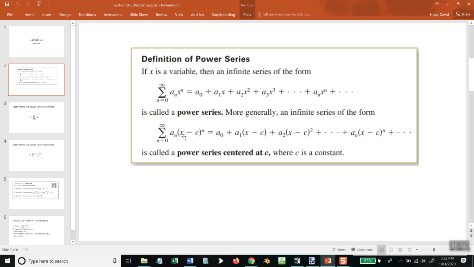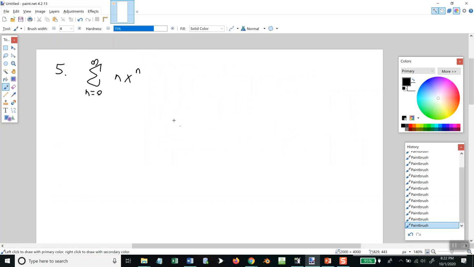So we want to rewrite the x as x minus a number, put in there such that I don't change its value. 0, because x minus 0 is x, and x to the nth power is the x to the nth power. So this is centered at 0.